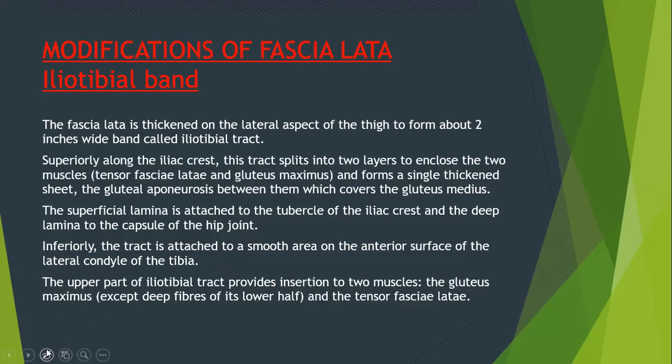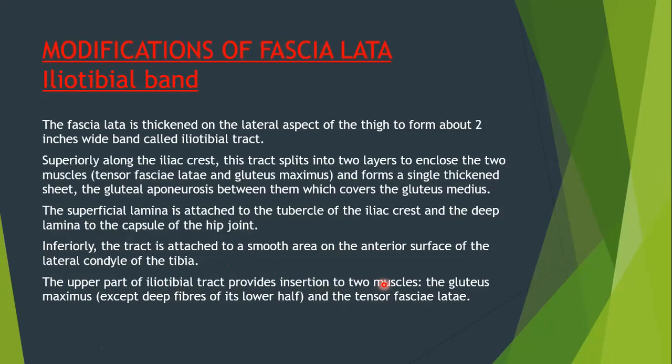Now let's continue after that. The upper part of the iliotibial band usually provides the insertion of the 2 muscles. Remember, three-quarters of the muscle fibers, usually of gluteus maximus, insert into the iliotibial band and also the tensor fascia lata.